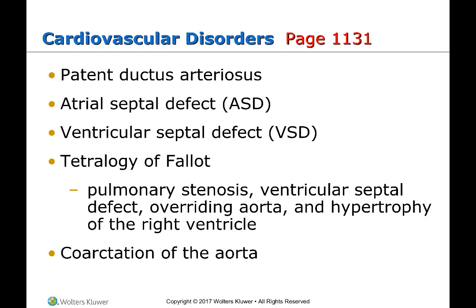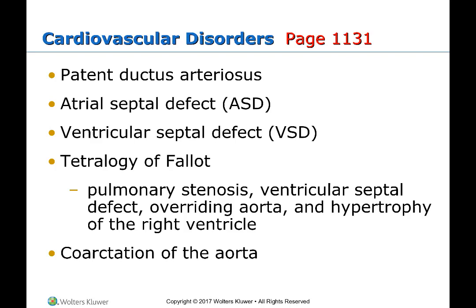Another one is atrial septal defect. So when we talk about atrial septal defect, we know that it has to do with the atria, because that's what it says. Septal, we know that it has to do with the septum of the heart, and a defect. So what can go wrong here? What's the problem? We also have a ventricular septal defect.